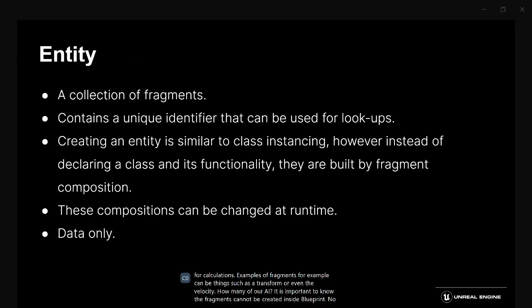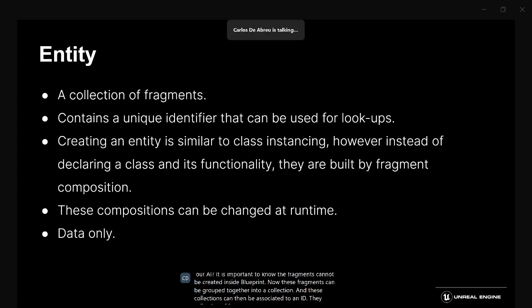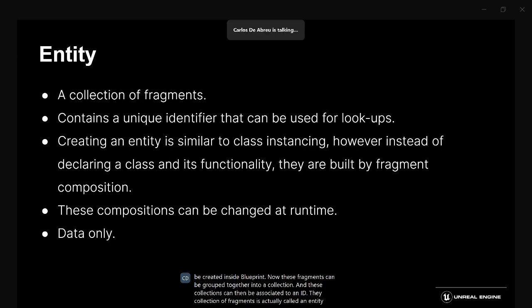Now, these fragments can be grouped together into a collection, and these collections can then be associated to an ID. The collection of fragments is actually called an entity. Now, the ID associated with the entity can then be used for lookups. Creating an entity is similar to class instancing an object in object-oriented programming.